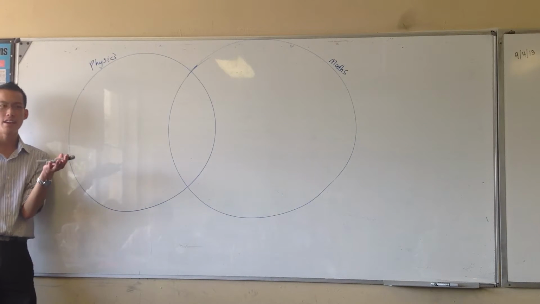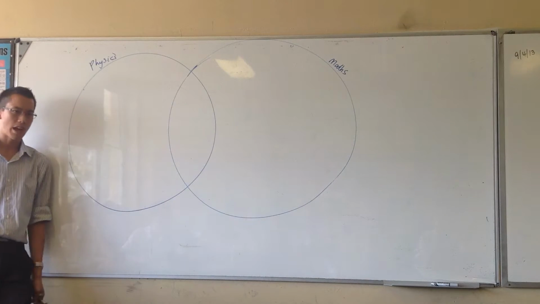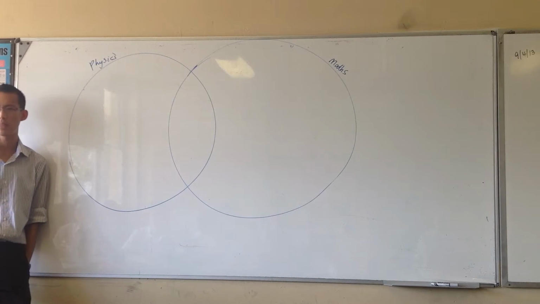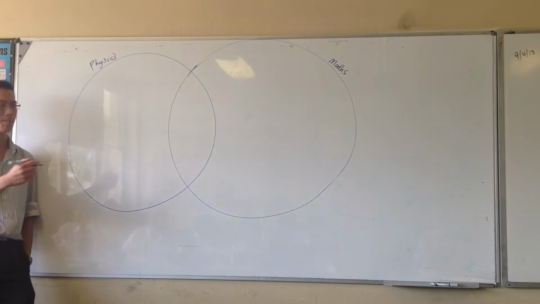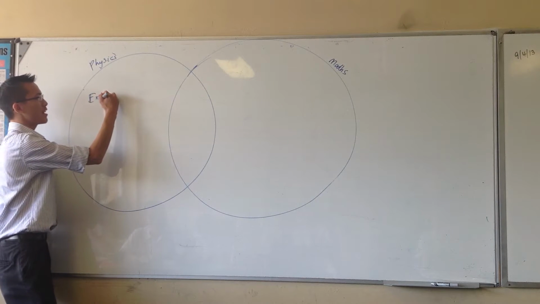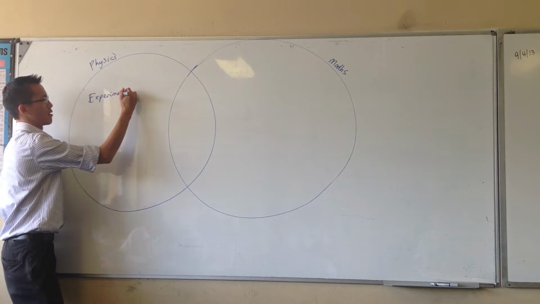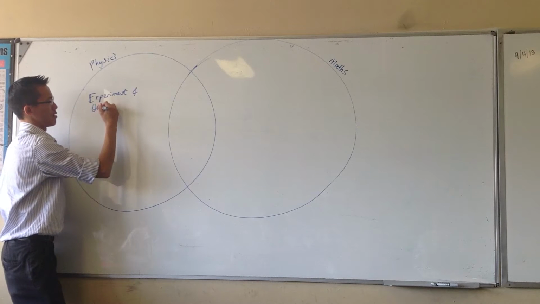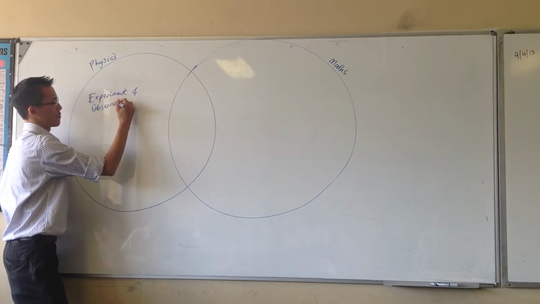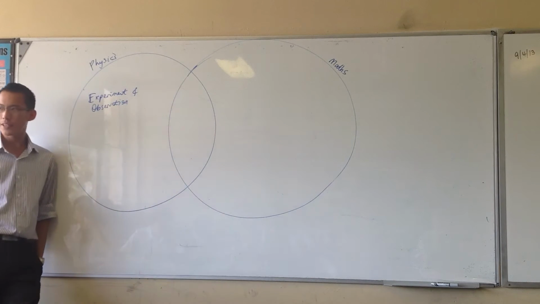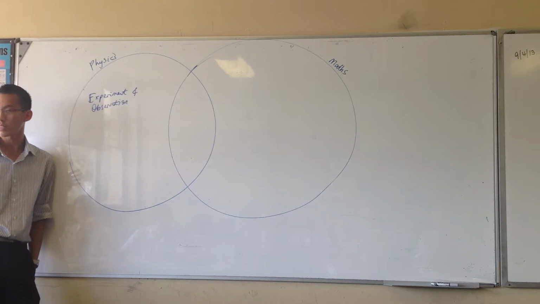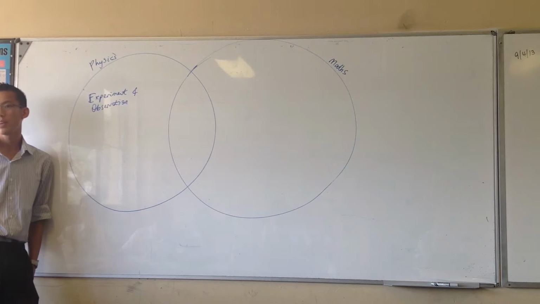The reason why is because how do you know something scientifically? What is the scientific method? It's about experiment and observation. So everything in science is about, can you look at something? Can you repeat it?